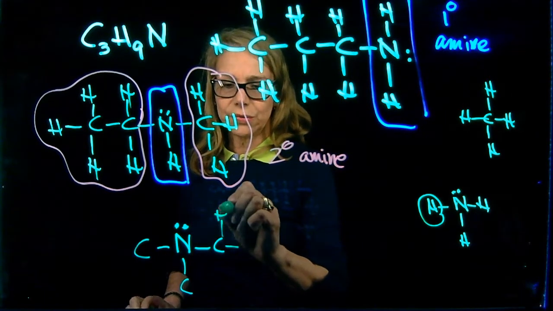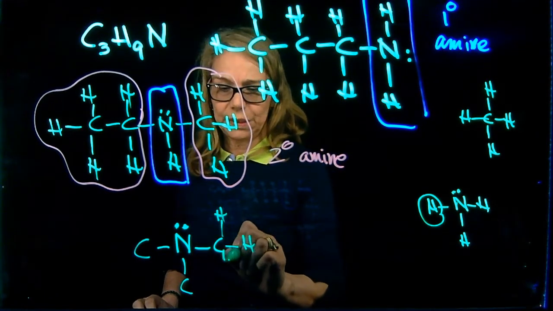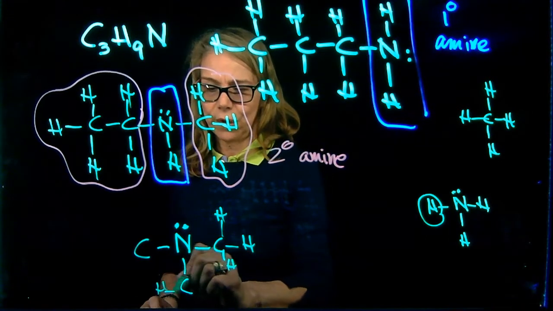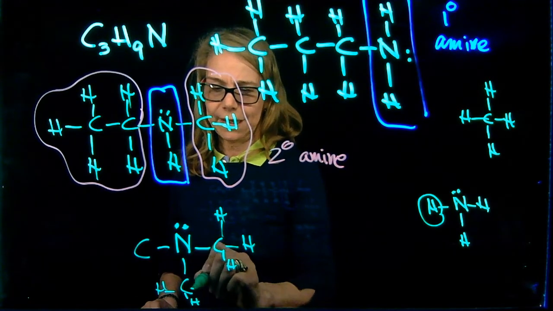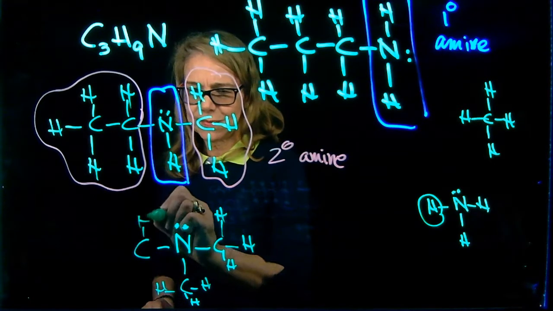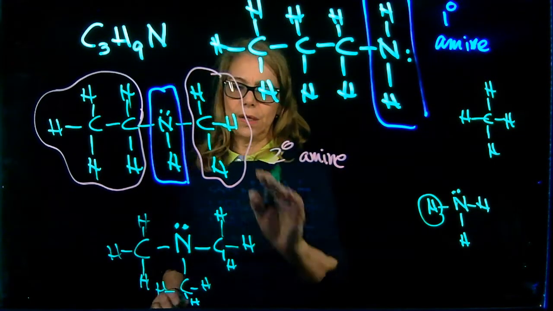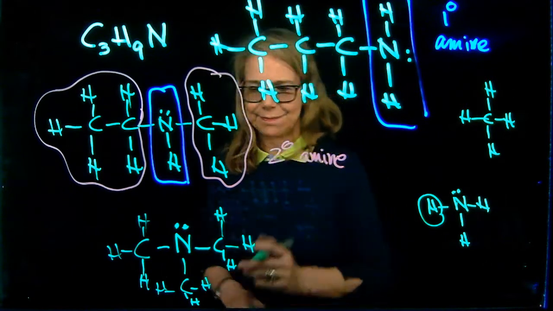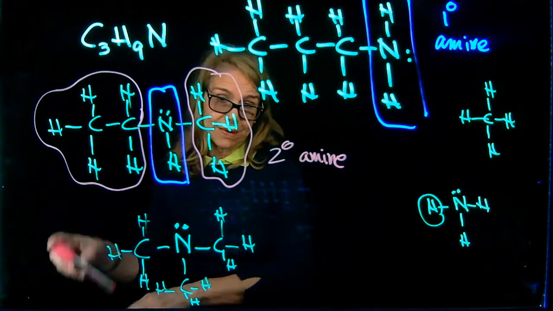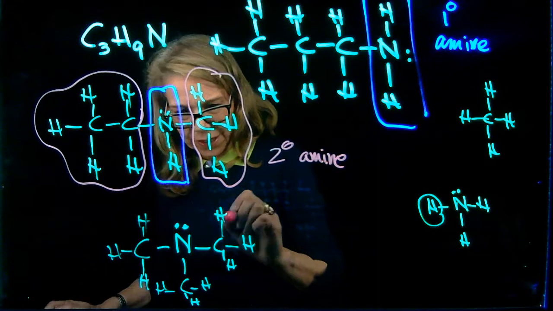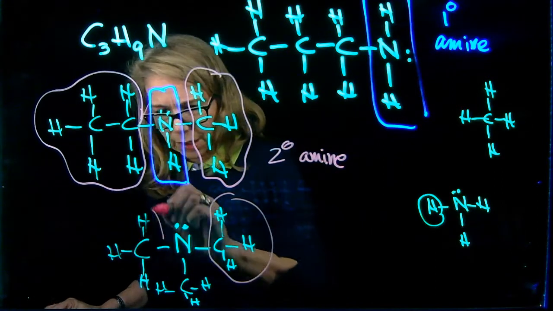And what I need to do next is just complete the 4 valences for carbon. And here I have C3H9N. Now this time the nitrogen is here and it will have 3 carbon chains.